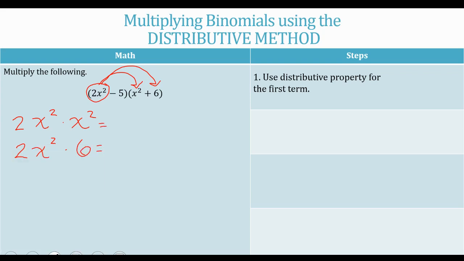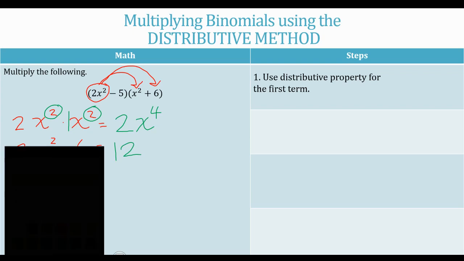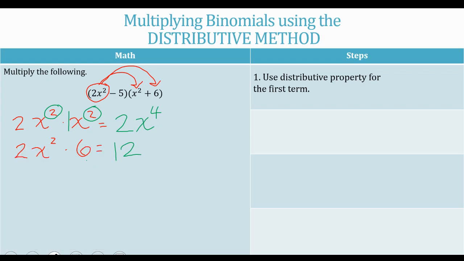Now, if you want to, go ahead and put your invisible coefficient there, and we're going to multiply from there. 2 times 1 is 2. Add your exponents, so that's going to give me x to the 4th. Now I'm going to multiply the second set. 2 times 6 is 12. The 6 does not have a variable for us to add the exponents with, so I'm just going to bring my x squared over.